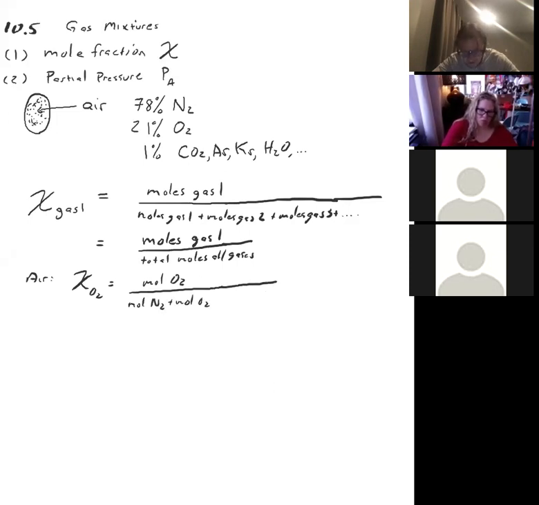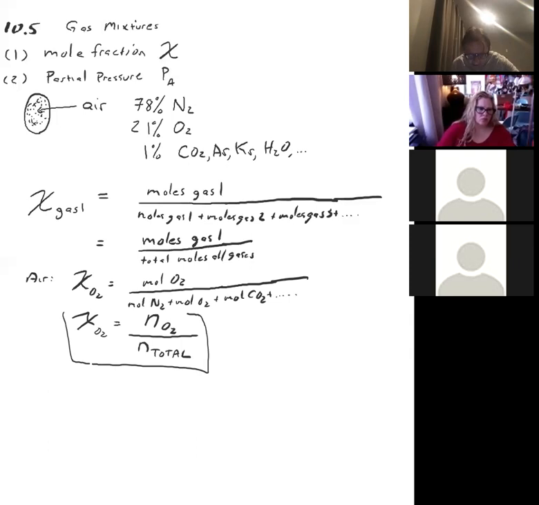Remember, because O2 is part of it, plus the moles of CO2, plus the moles of all the gases that are in there. And typically we want to use symbols for this. So I'll write it this way: N O2, using the symbol N for moles, over N total. And that would be a formula that you could use to calculate the mole fraction of O2.